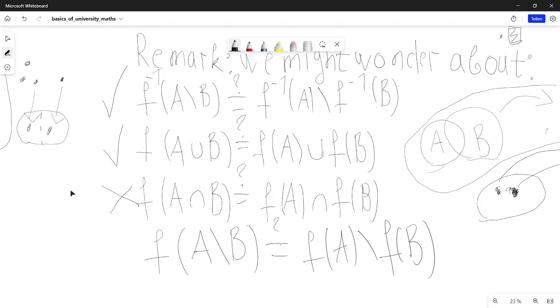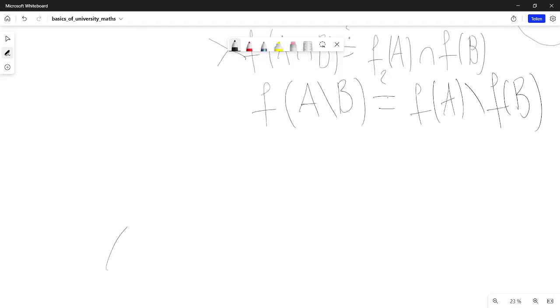Right, and this of course doesn't work, so the image kind of behaves nastier than the pre-image.